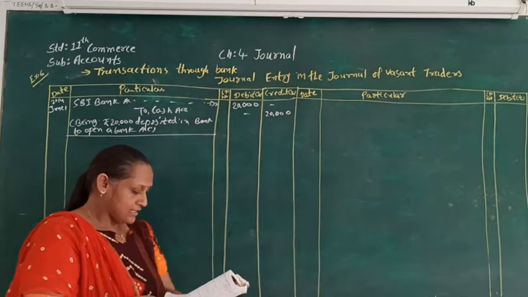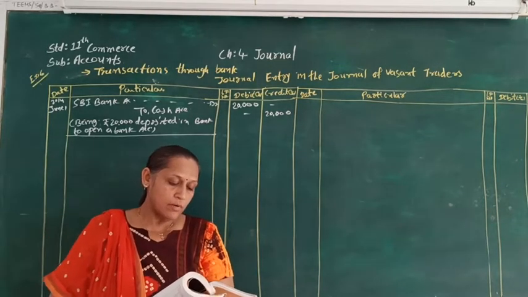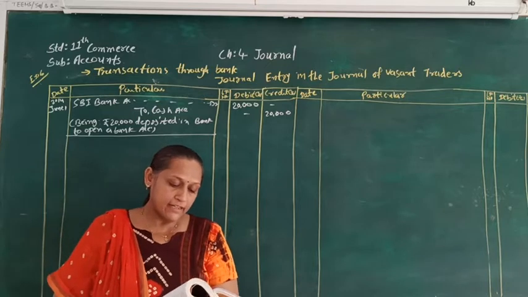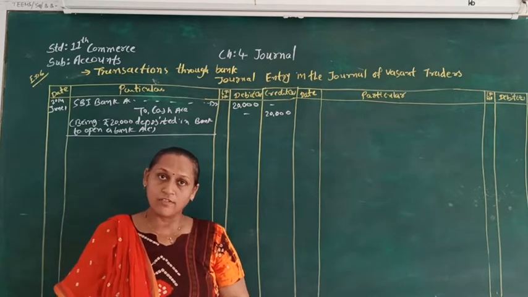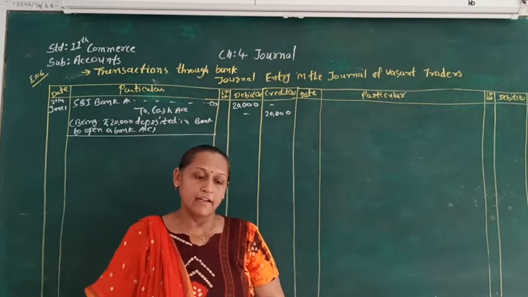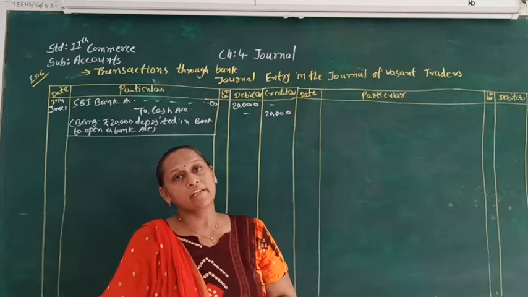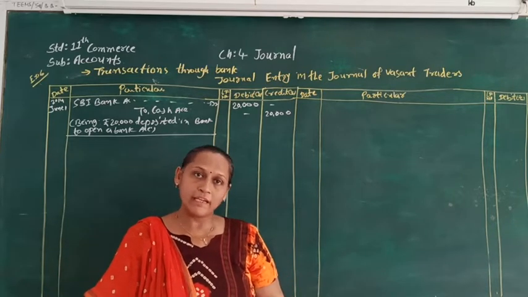That was the first transaction. Now let's see the second. Goods of rupees 5,000 sold, the amount of which is directly deposited in bank. Sales account, as you know, is going to be credit, and the amount is deposited in bank, so bank is the receiver of the amount. So bank account is going to be debit.